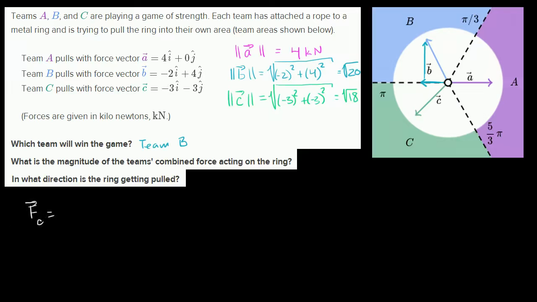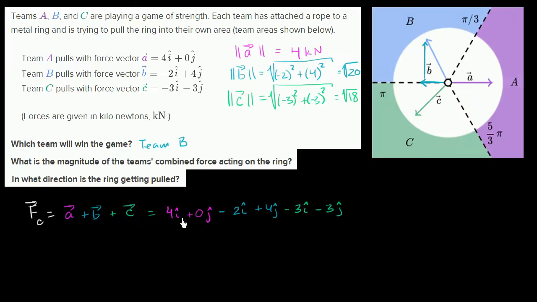It's going to be the sum of vectors A plus B plus C, which is equal to 4i plus 0j plus negative 2i plus 4j minus 3i minus 3j.